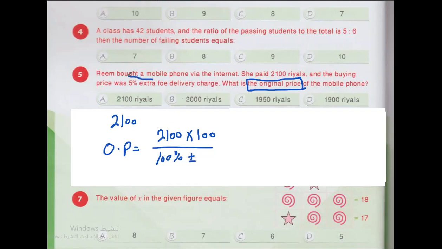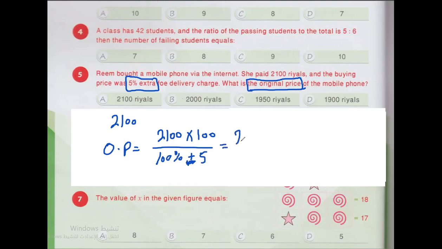If the question gives extra, we add. If discount, it will be minus. So I have here 5, and because it is extra, we add. Don't put minus. If the question gives a discount, then put minus.